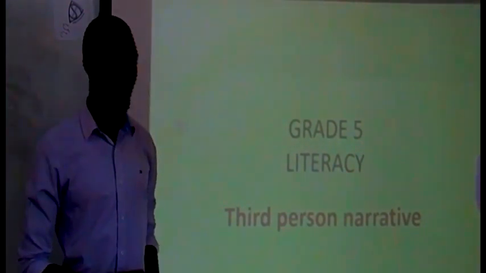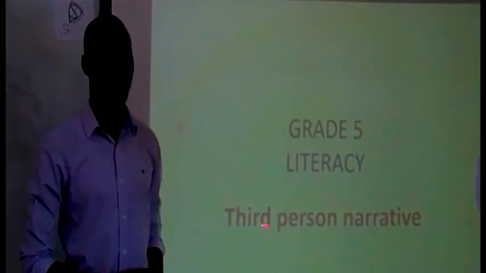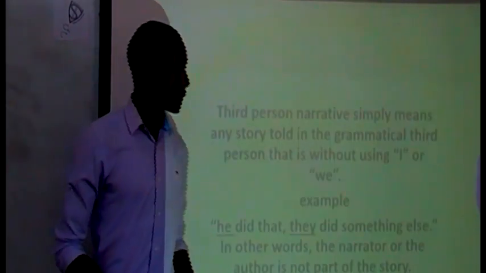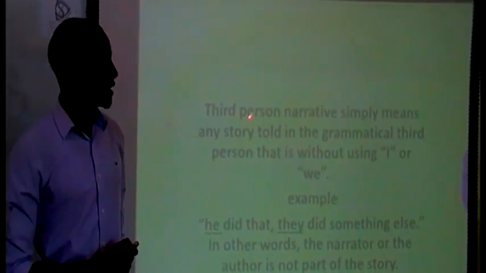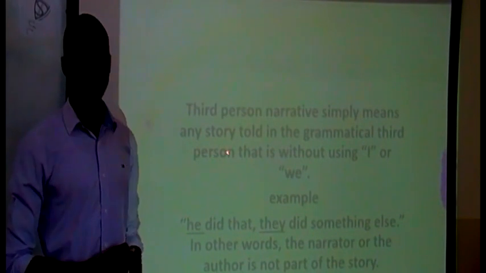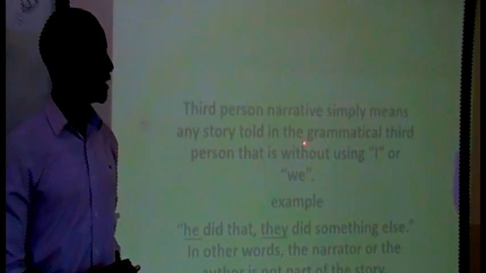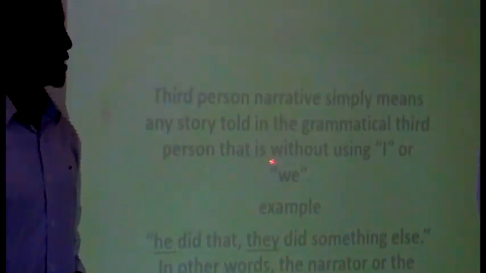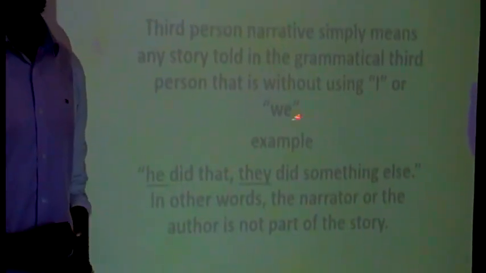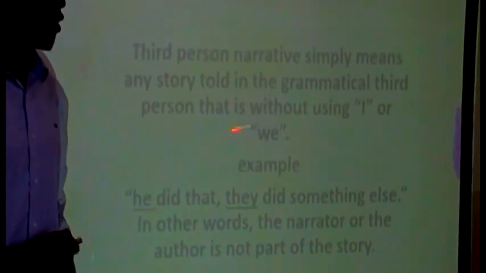And today's topic, we are looking at third person narrative. Third person narrative simply means any story that is told in grammatical third person, that is without using words like I or we.